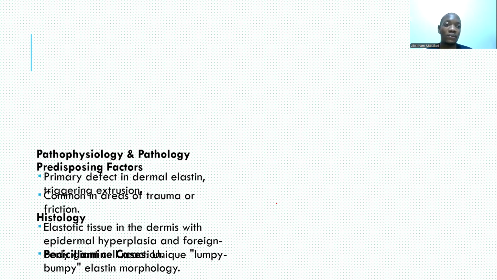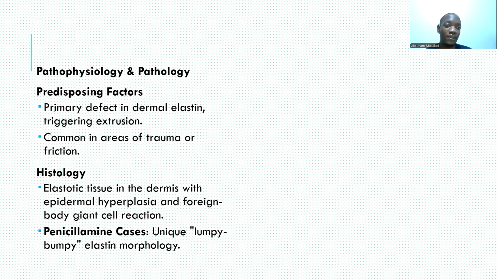Continuing with the pathophysiology and pathology: usually for the predisposing factors, someone will have a primary defect in the dermal elastin, triggering the extrusion, and it is common in areas of trauma as well as areas with friction. In the histology, someone will have elastic tissue in the dermis with epidermal hyperplasia, and oftentimes a reaction that looks like a foreign body giant cell reaction.